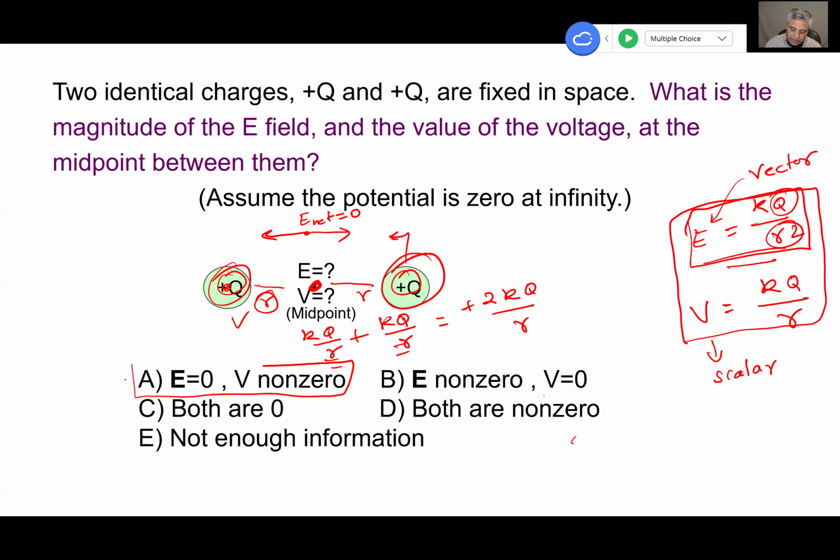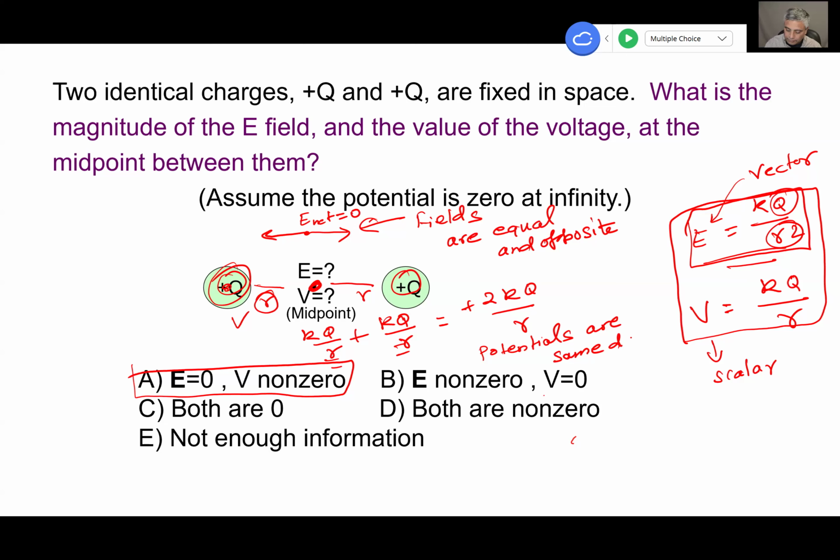So it looks like A is the correct answer in this case. So they add up, but field being in opposite directions, they cancel. Okay, net becomes zero.